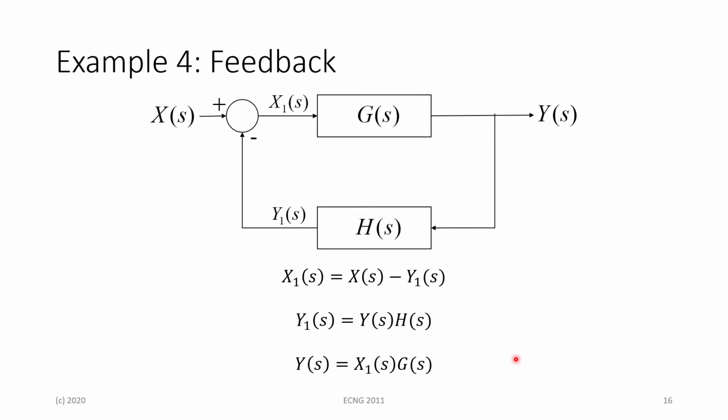So now that we have all those signals, we can just substitute accordingly to get to our y of s signal. So y of s will now become equal to g of s, into x1, which is x of s minus y1 of s.